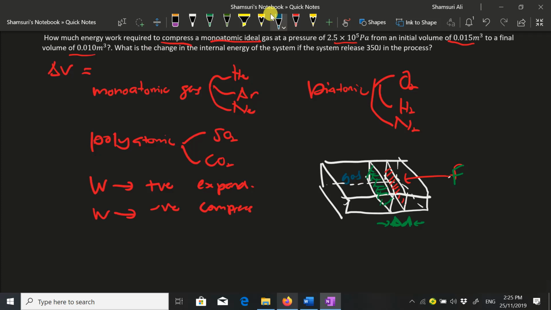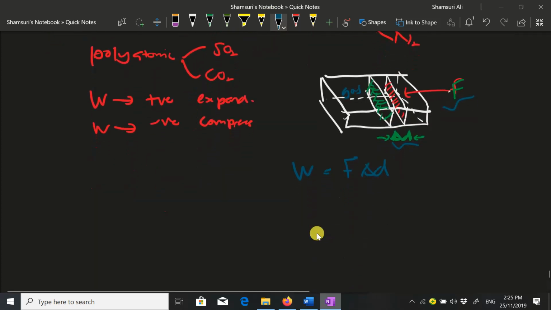We can apply the formula work done W = F Δd. Or we can also extend this formula, because we know that pressure P is the force over area, so F is equal to PA.